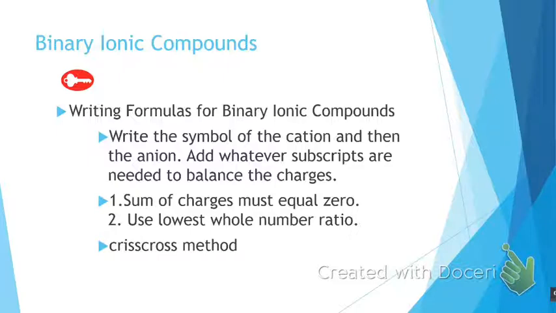If you end up with 2 subscripts that are 3, we know that's really a 1-to-1 ratio, so you don't need any subscripts there. We're going to find those subscripts again by using the crisscross method.